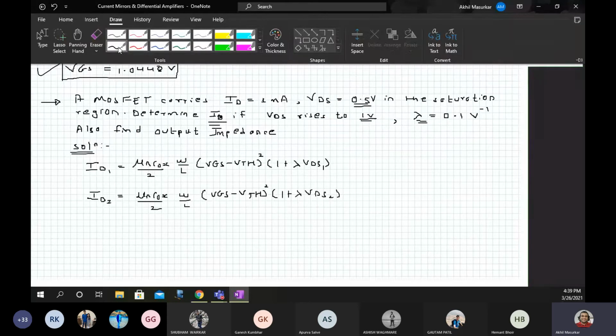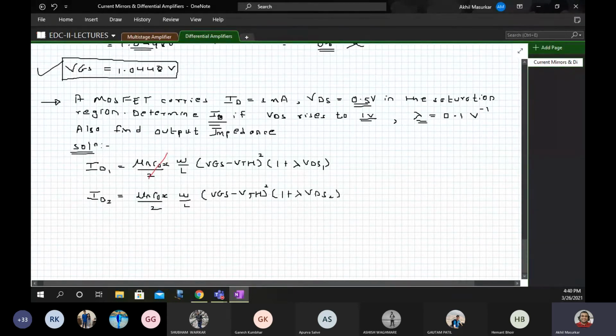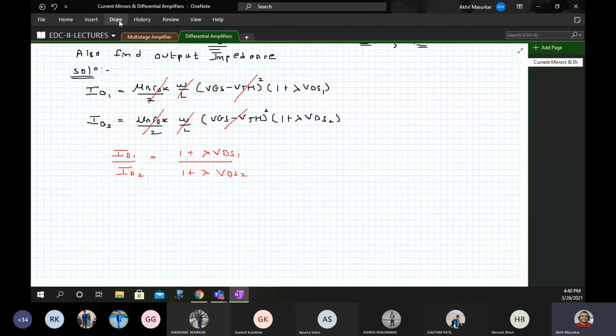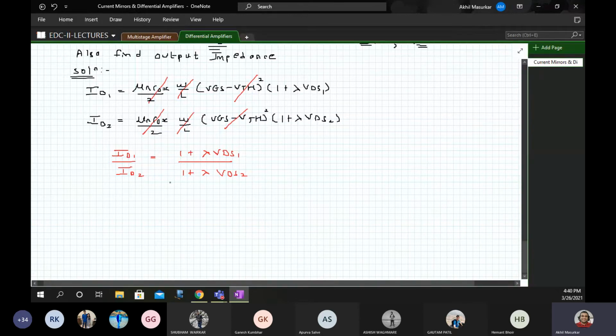So if you divide these two equations, you can see that mu n COX, W by L, and VGS minus VTH will cancel out, and what we will get is ID1 upon ID2 is equal to 1 plus lambda VDS1 upon 1 plus lambda VDS2. So what we can observe from here is that ID1 is given to us, that is 1 into 10 raised to minus 3.